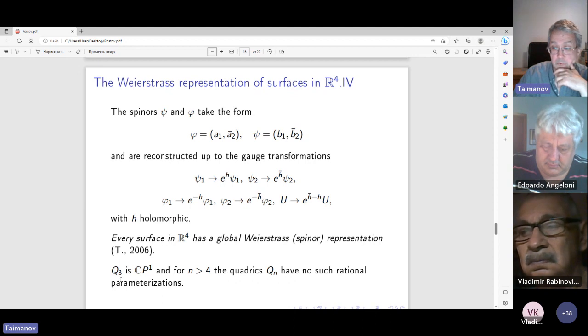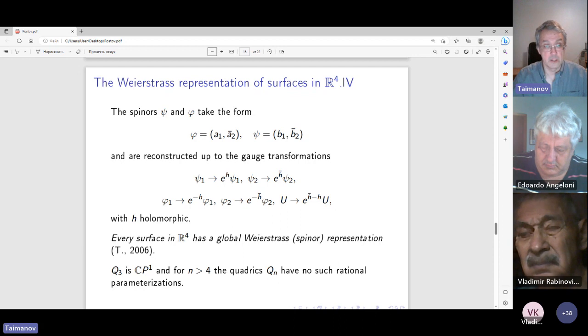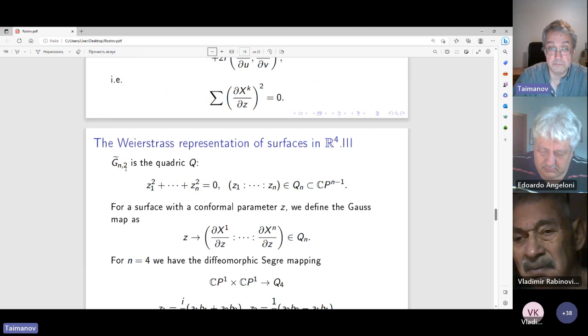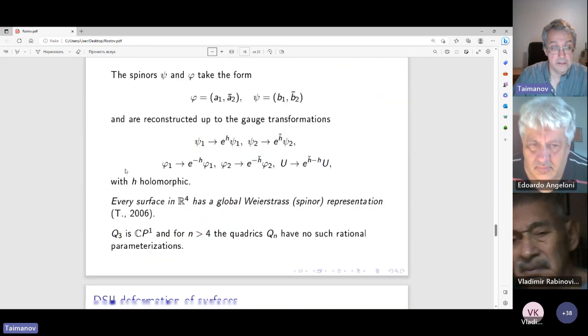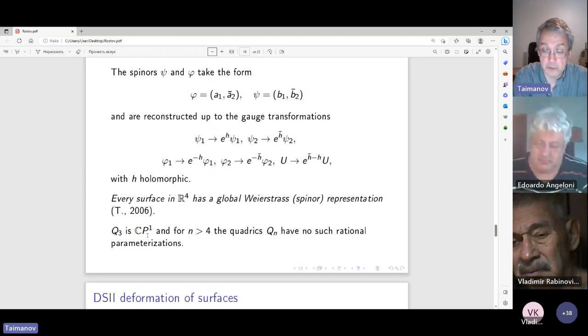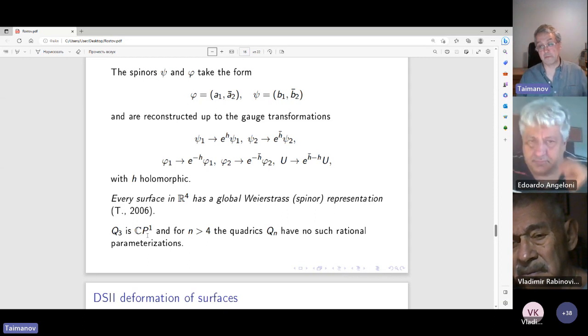In this case, Q3 is a quadric. This variety, the oriented Grassmannian G̃_{n,2}, is the Grassmannian of oriented two-planes in n-dimensional Euclidean space. For n equal 3, this Grassmannian is a complex projective line, and again we have the original spinor representation of surfaces in R3.